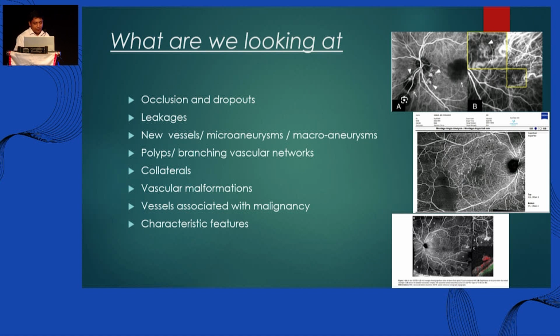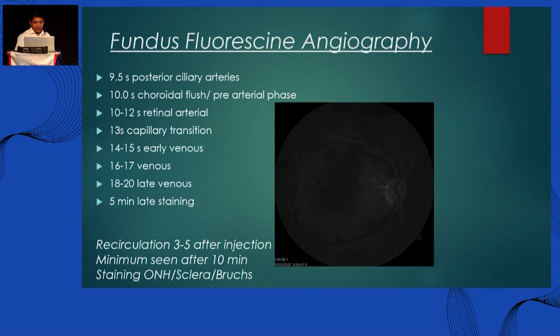These imaging modalities are complementary. Sometimes you may need to do a few, not just one, but wise use of whatever modality is available is the way to go. Let's talk about fundus fluorescein angiography for the juniors.